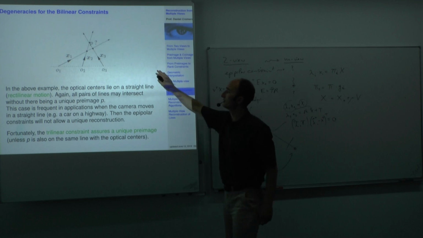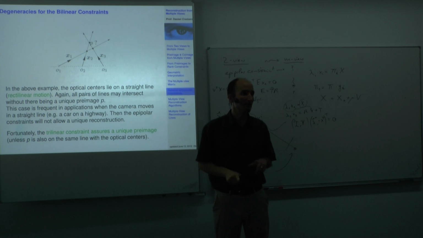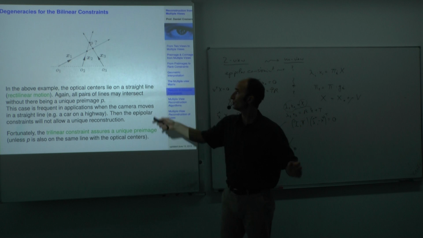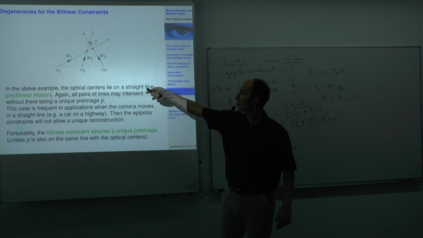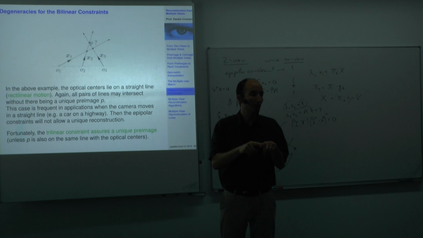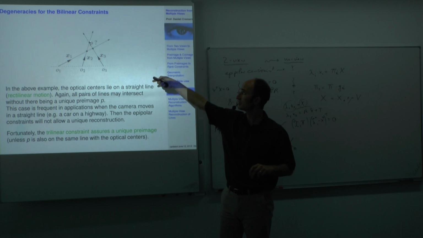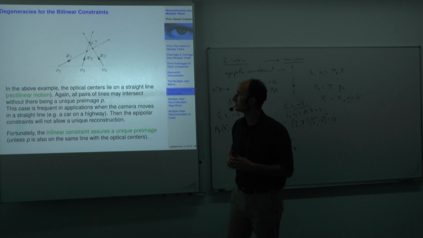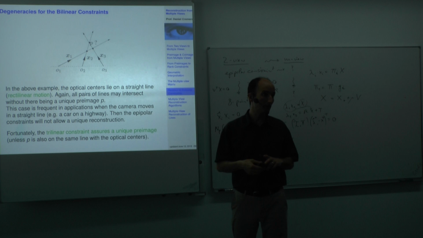And this is a degenerate scenario where the epipolar constraints, if you only consider pairs of images and say, I want an intersection of these rays, I want there to be a consistent 3D point, then you will get consistent 3D points. In fact, you'll get 3 different consistent 3D points that are always pairwise consistent, but they're not consistent for all 3 images. So meaning there is not a single point P that is consistent with all 3 observations.